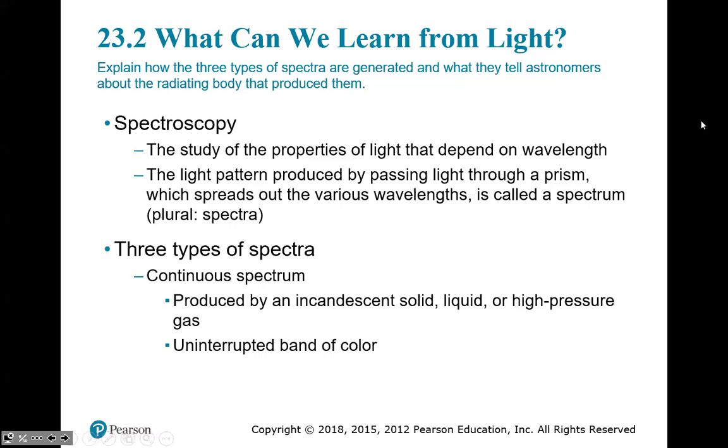That generates the light that is coming to us. And this produces a continuous spectrum. It generates all wavelengths, with a peak where it is most energetic and brightest that depends on the temperature. So it's an uninterrupted band of color, and how bright it is and where the strongest wavelength in that distribution is depends on the temperature.